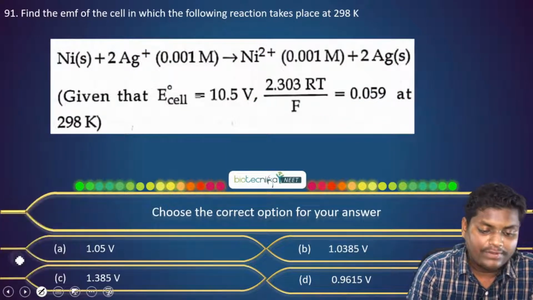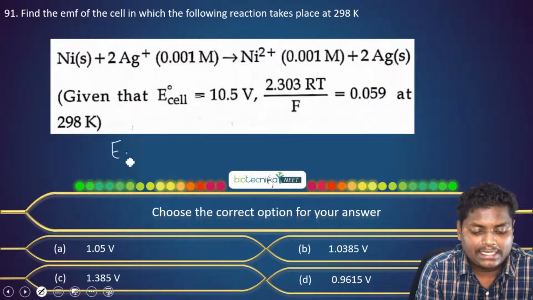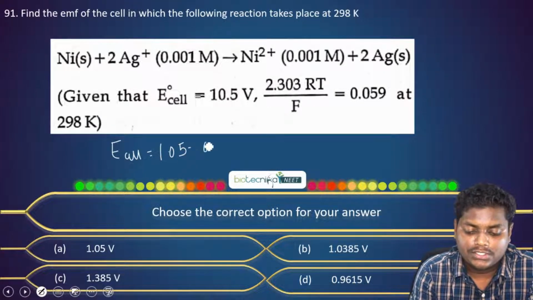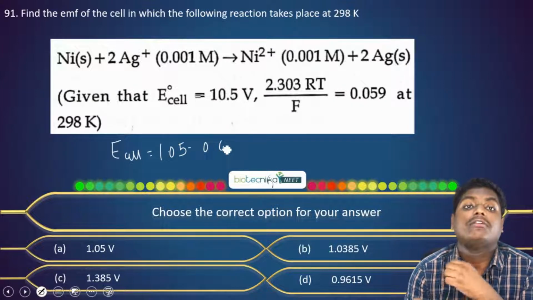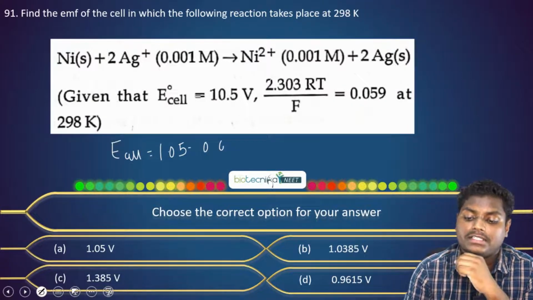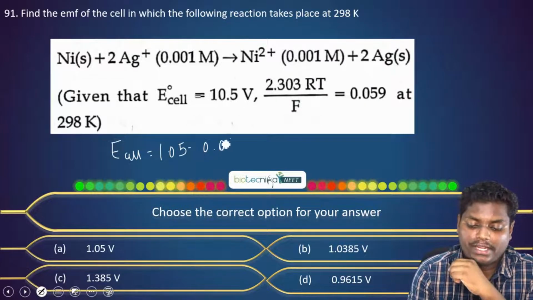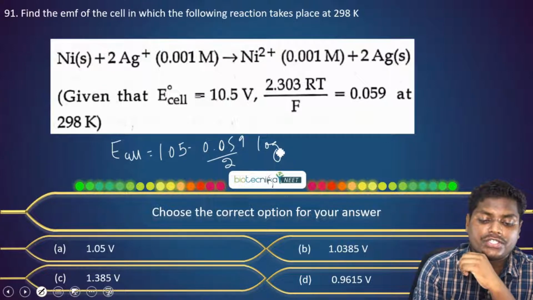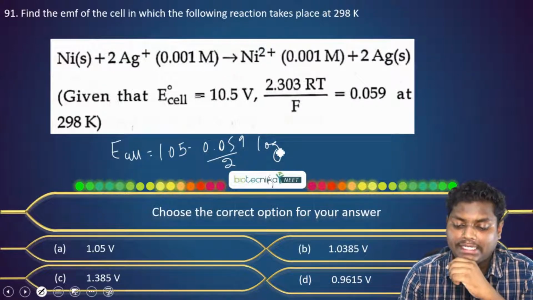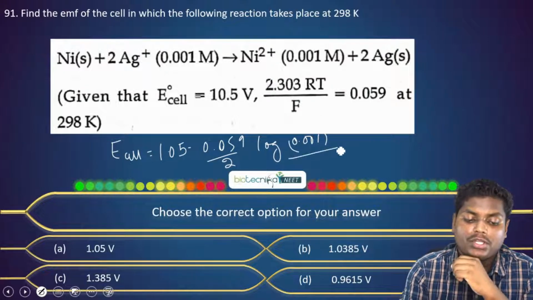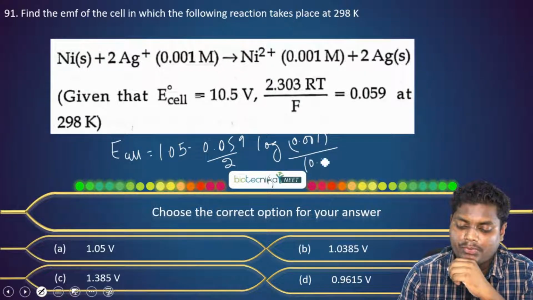So E cell is equal to 1.05 minus, they have given us the value of 2.303 RT, so it is 0.059 upon 2 into log. What is the concentration for nickel? It's 0.001 upon the concentration of Ag squared, 0.001 square.